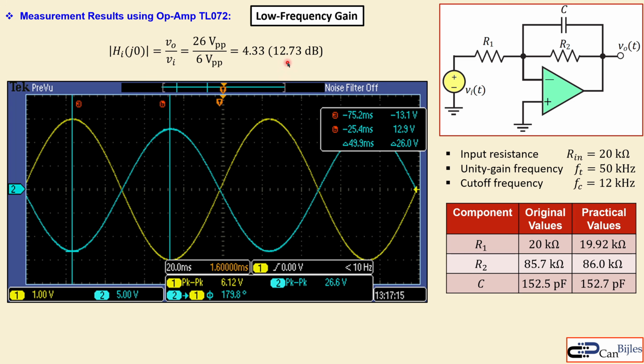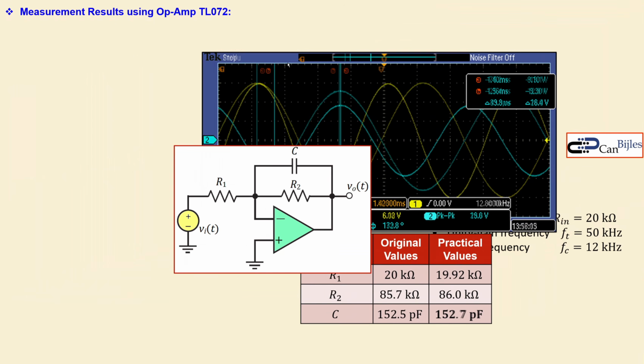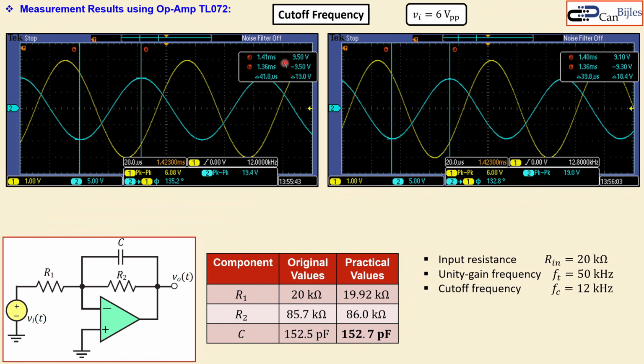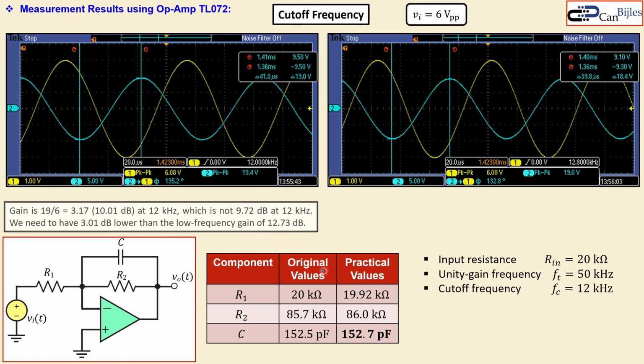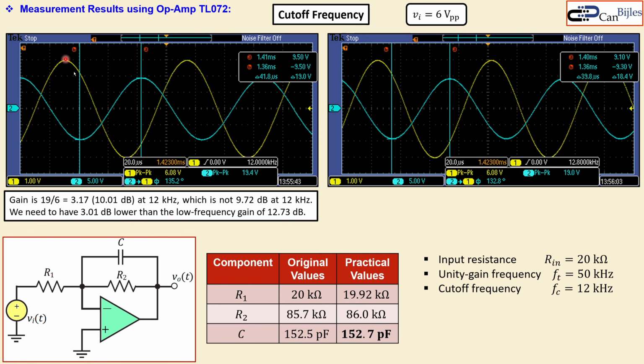Now, moving on to the next step, which is the cutoff frequency. Now, there you get some issues. This is for the case where we have these values again. You see the following. Now, the peak value for our input, the yellow one, is still 6 volts, but the blue one here gets at 12 kilohertz a value of 19 volts peak.